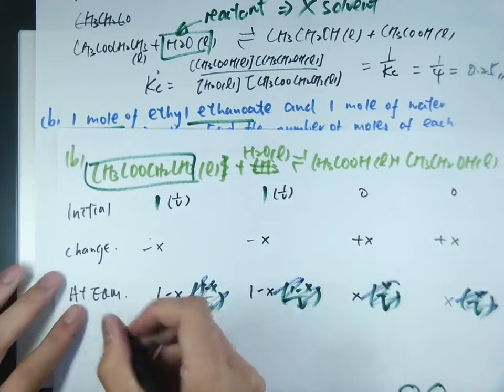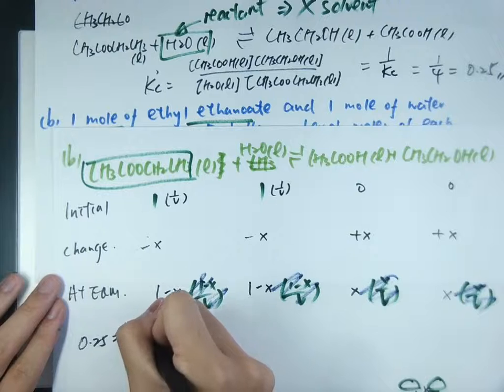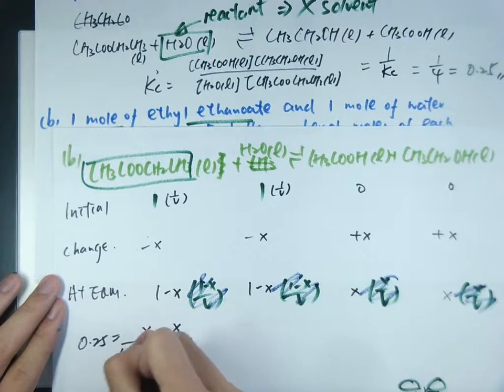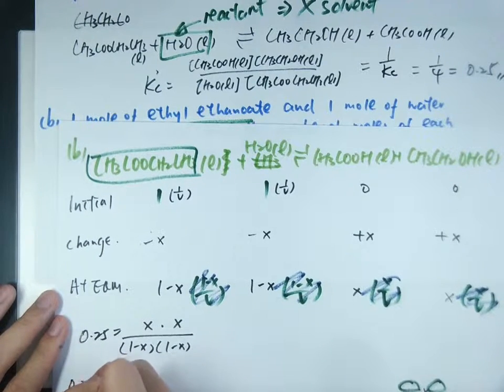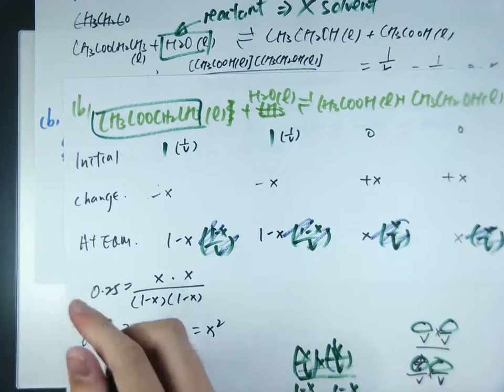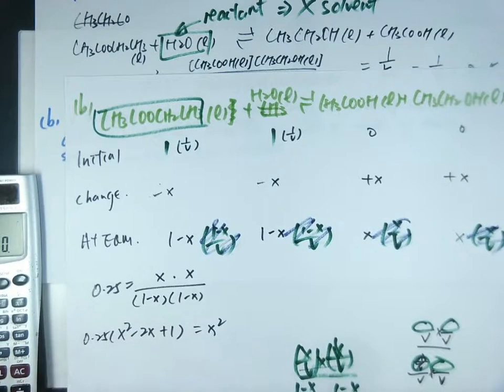So we have 0.25. The Kc equals x times x over 1 minus x times 1 minus x. So 0.25 and x squared minus 2x plus 1 equals x squared. So now we can just multiply it into the brackets. 0.25 minus 1.